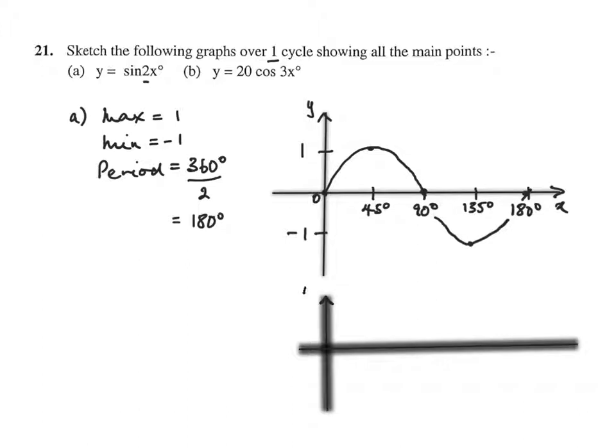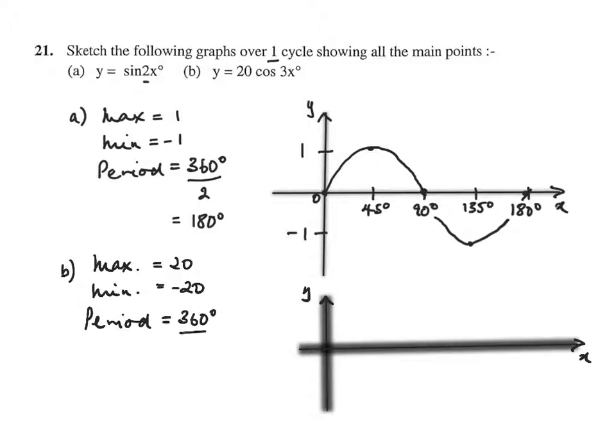So for part B, we have a maximum of 20, a minimum of minus 20, and the period is 360 divided by 3, it's 120 degrees. So I'll mark 20 here, minus 20 here.